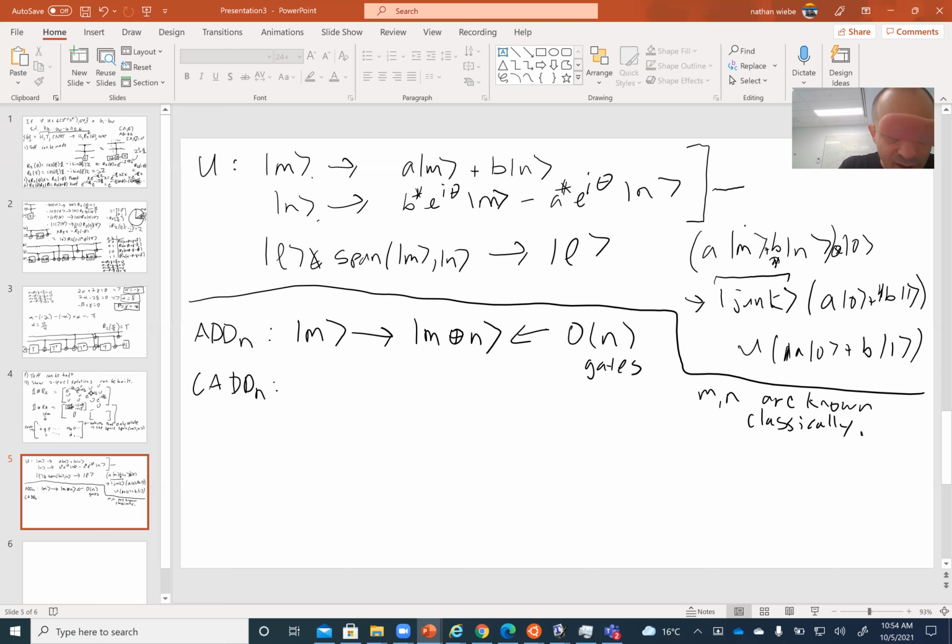What controlled add n will do is map 0 tensor x to 0 tensor x exclusive or m plus n, and it'll map y not equal to 0, x to y, x.